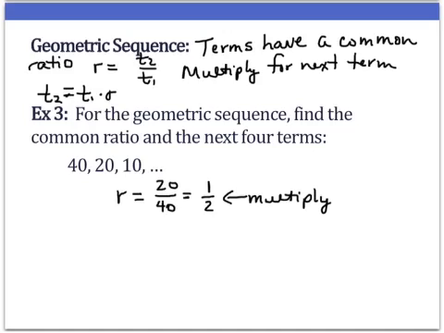So if we take 10 and multiply it by 1/2, that gives you 5. 5 times 1/2 is 5/2. 5/2 times 1/2 is 5/4. And then we'll have 5/8. And that would be 4 more terms in our geometric sequence.